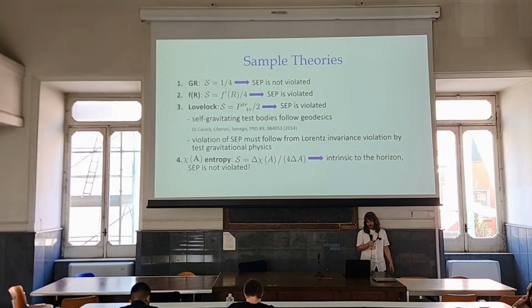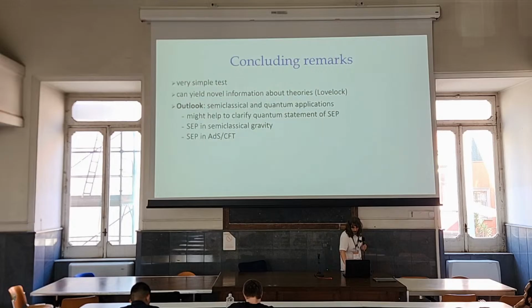But in either case, here we see a potential entropy prescription that can be compatible with the strong equivalence principle without being simply proportional to the horizon area. And there would be other prescriptions like this, for example, relying on extrinsic curvature of the horizon or other quantities intrinsic to it. So, lastly, a few concluding remarks.